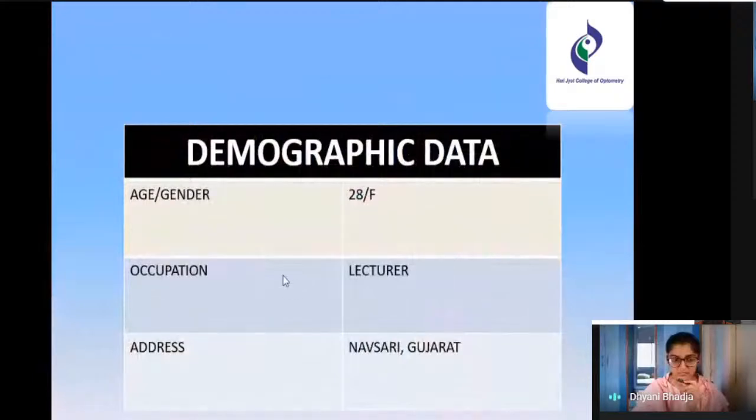This is the demographic data of the patient. She is a 28 year old female, a lecturer, living in Navsari, Gujarat.